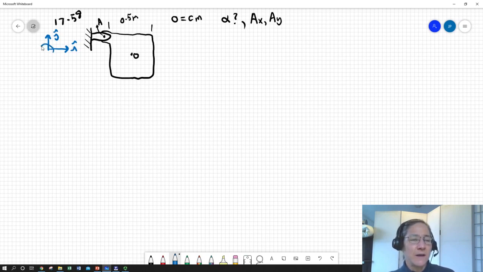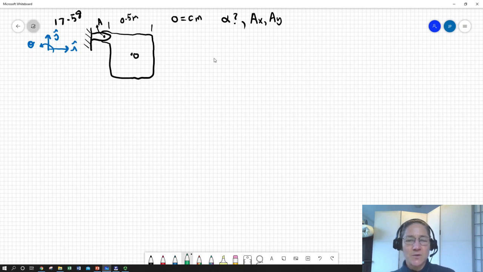And because I have i hat and j hat defined that way, positive increase in theta, which means positive angular velocity and positive angular acceleration, is counterclockwise. So chances are, by observation, we can infer that our alpha is probably going to be negative because it's probably going to be going in the clockwise direction, but that should fall out of our solutions as we go through them.